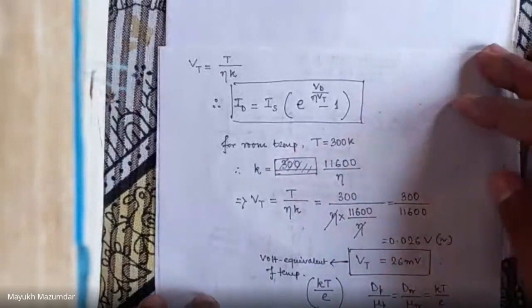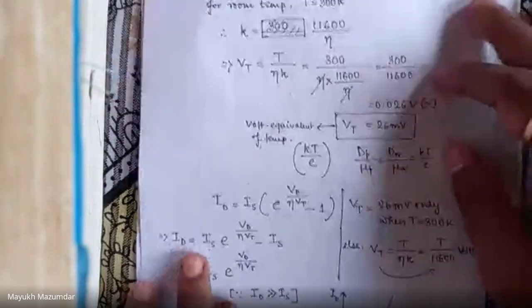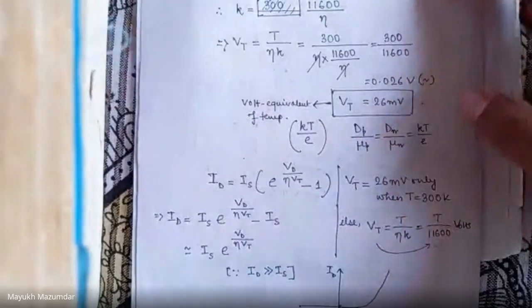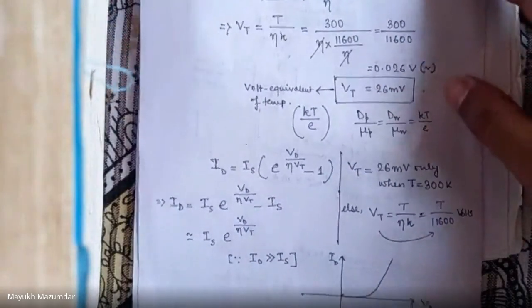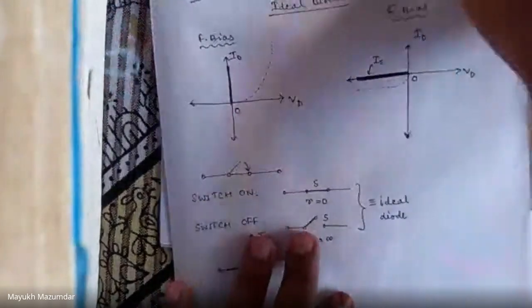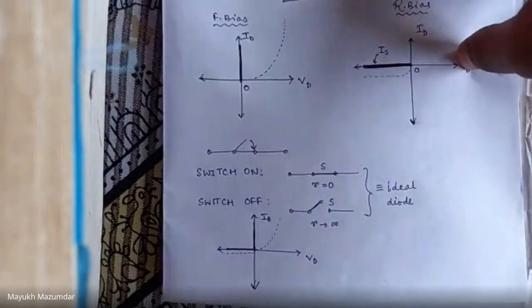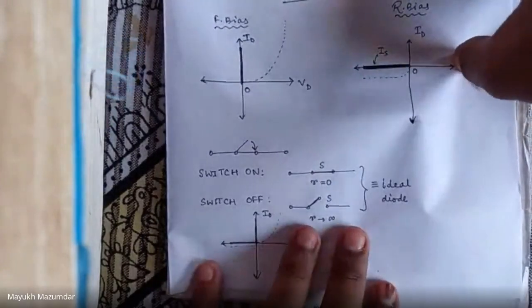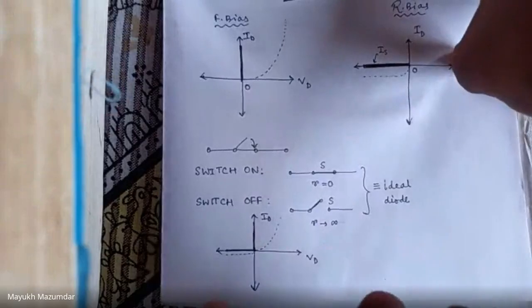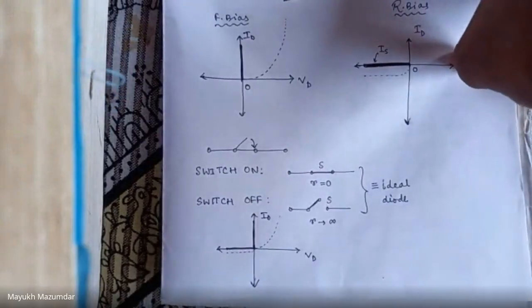We saw that not necessarily all the time this has to be 26 millivolt, and then we ended up with our discussion of a practical and an ideal diode. In the next class, I want to finish this chapter. I would discuss a little bit about a step junction and a linearly graded junction, just a definition, and something called static and dynamic resistance.